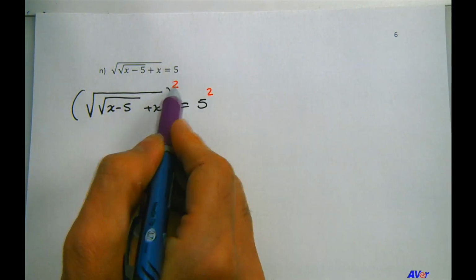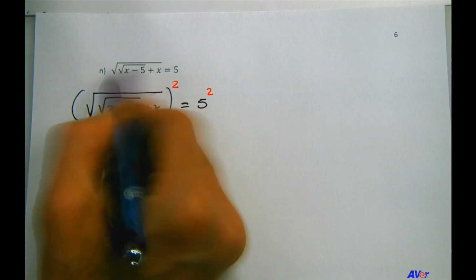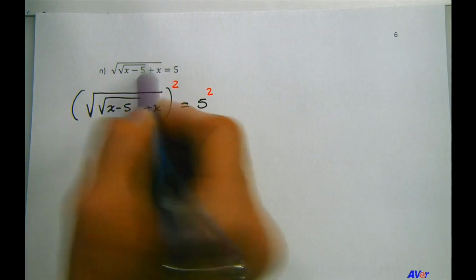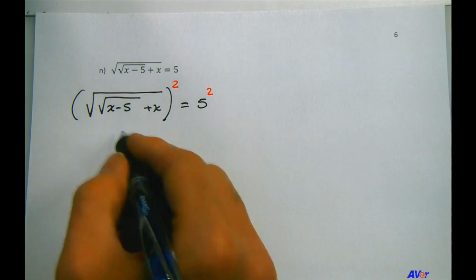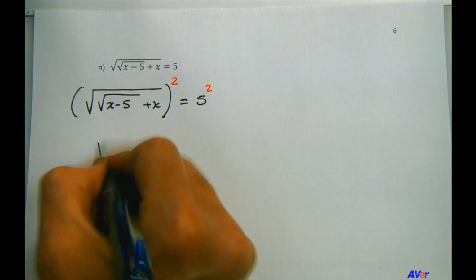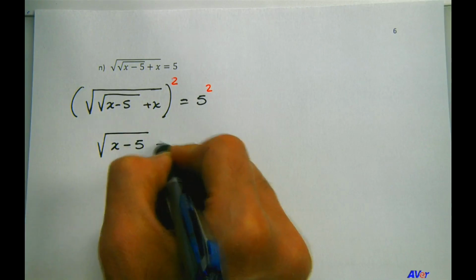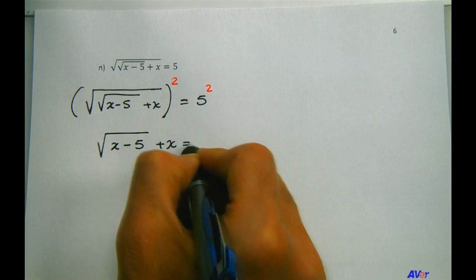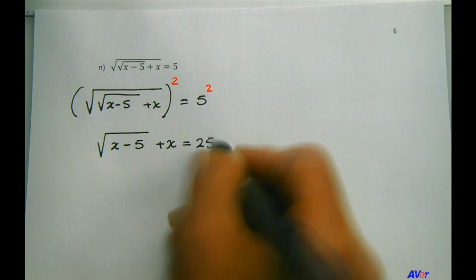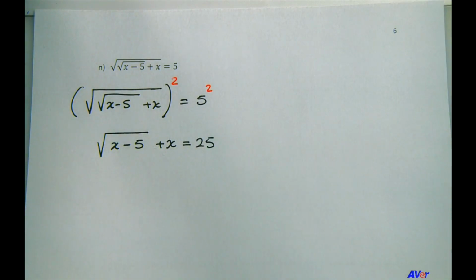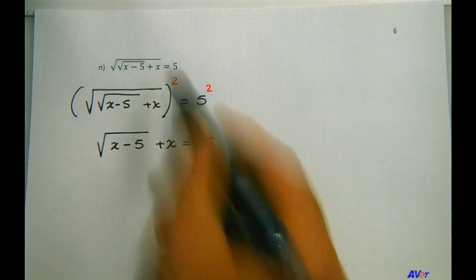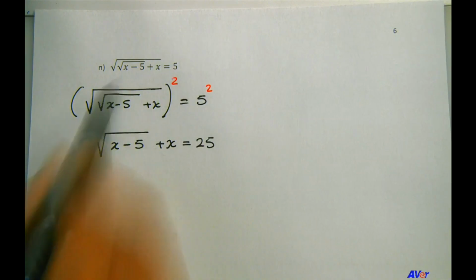What this does is get rid of the big radical expression. So on the left, what we'll end up with is square root of x minus 5 plus x equals 25. Okay, so now we've reduced two radical expressions to one.